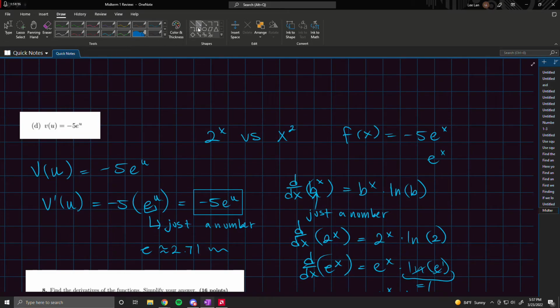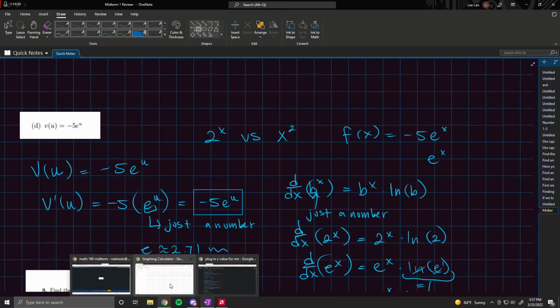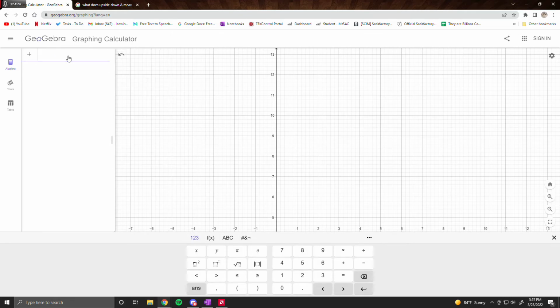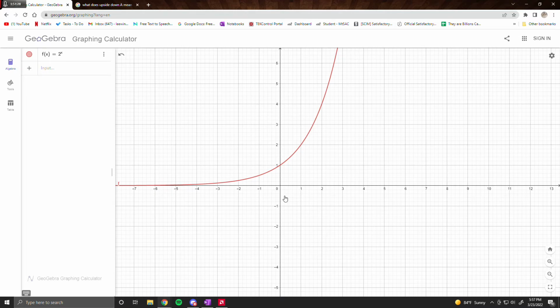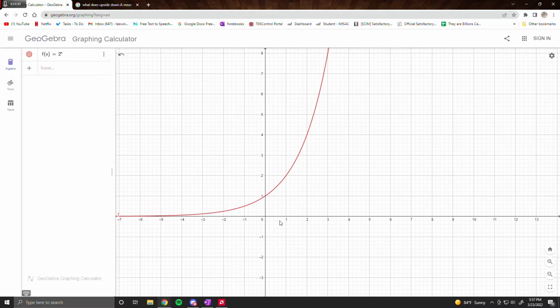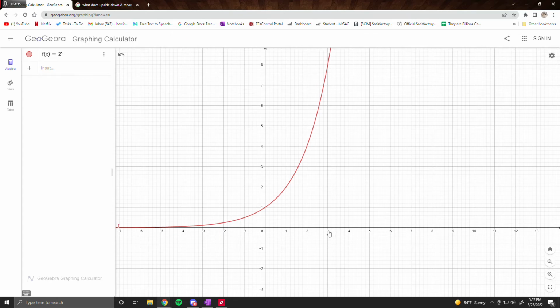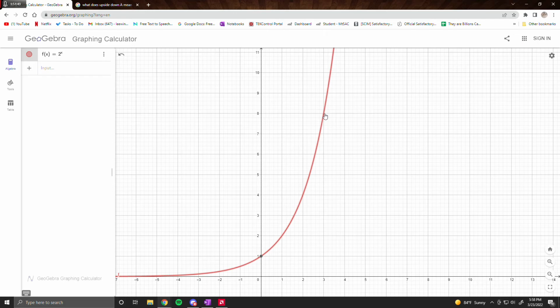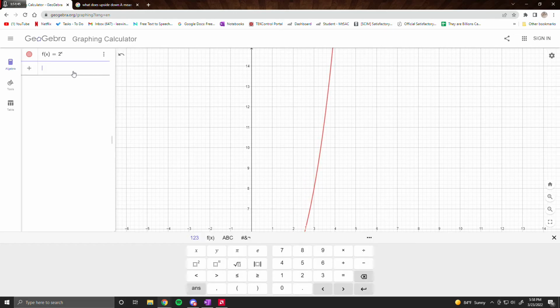They might look similar, but these are completely different things, and we need to treat them differently. 2 to the x is an exponential function. One way to think about it is that for every value of x I go up, I double where I was before. So at 1 I started at 2, at 2 I get up to 4, at 3 I double again, I go up to 8, and so on and so on.